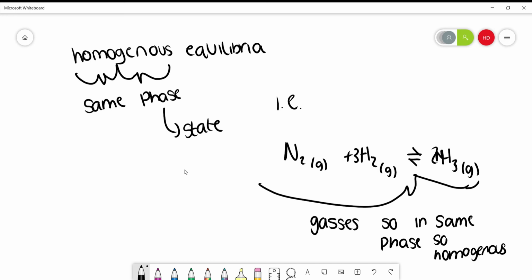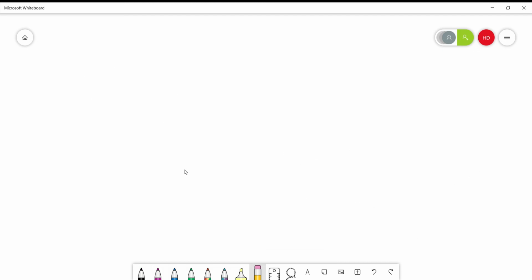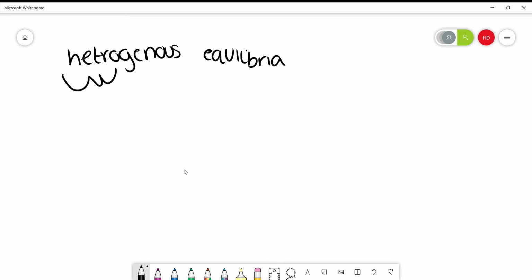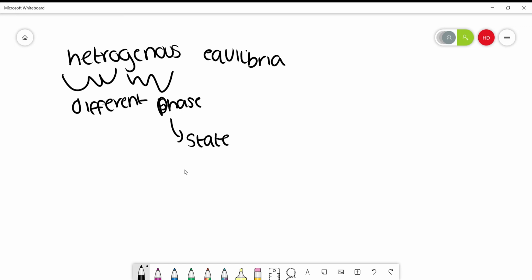A heterogeneous catalyst is one where the catalyst is in a different phase to the reactant. So a heterogeneous equilibria, hetero is different, genus is phase, so it's one where the species aren't all in the same state.